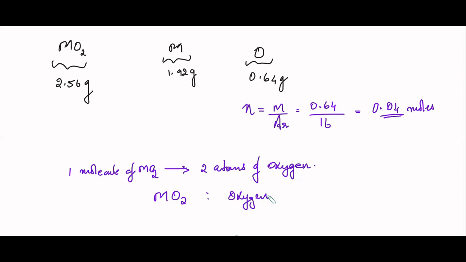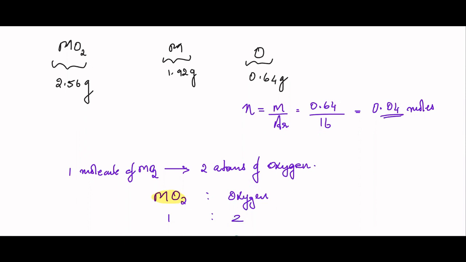When I'm saying MO2, the whole MO2 molecule, it is to oxygen in the ratio 1:2. One molecule has two oxygens in it, just like we say, one person has two hands.